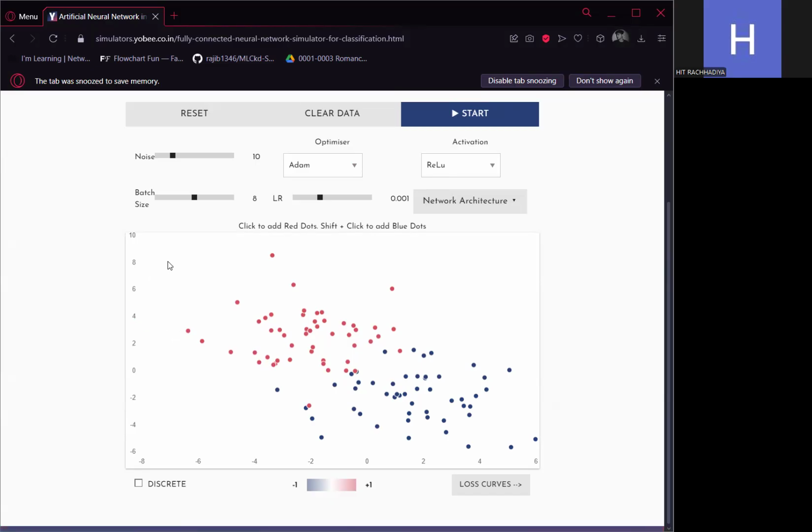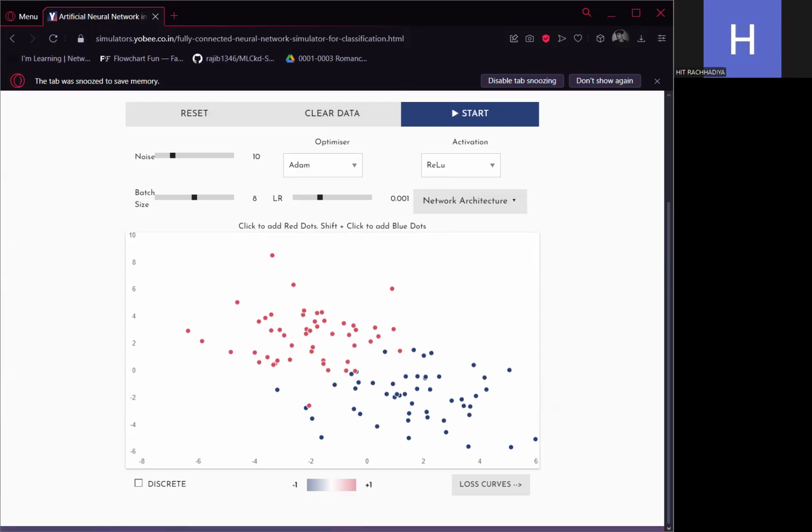Okay, so this is both for classification and regression. Last is the fully connected layers. I have mentioned that in a fully connected layer, each neuron receives input from every neuron in the previous layer.